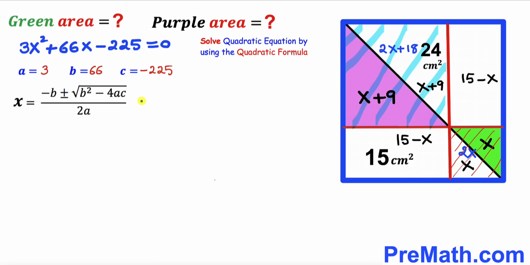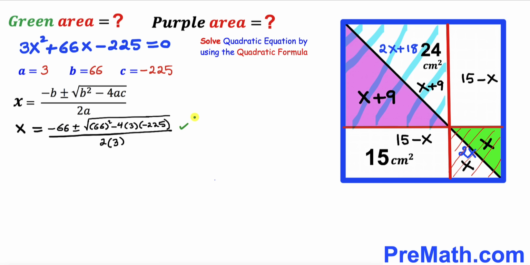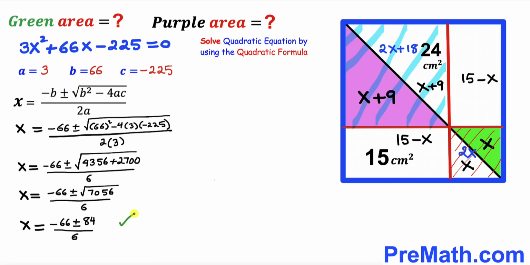And now we are going to fill in the blanks in this quadratic formula. As you can see in this next step, I have plugged in all those a, b, c values. As you can see in this next step, we ended up with x equals negative 66 plus or minus 84 all over 6.